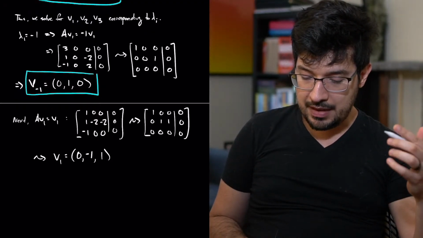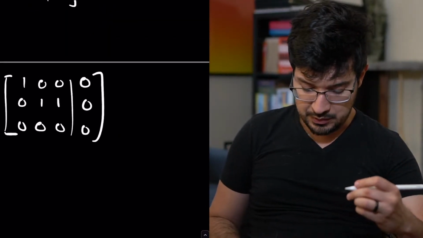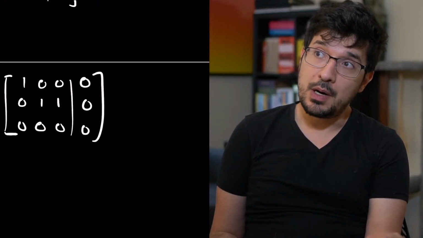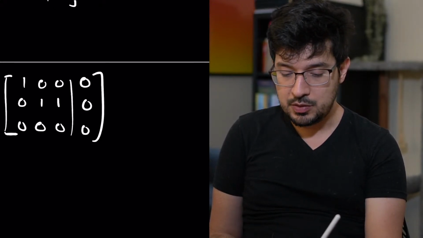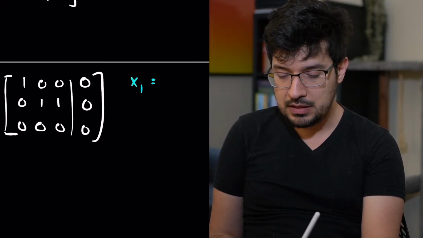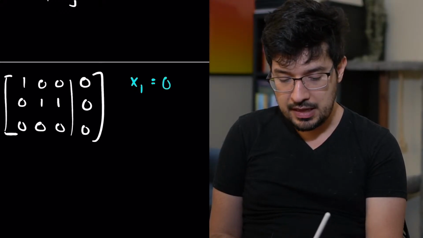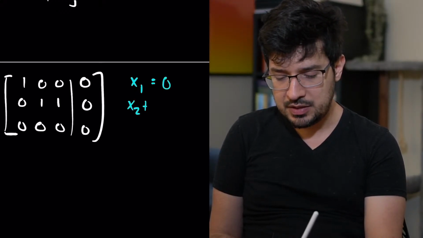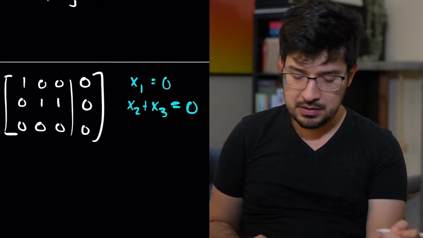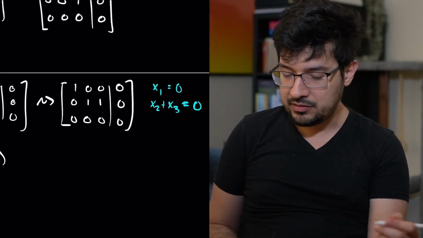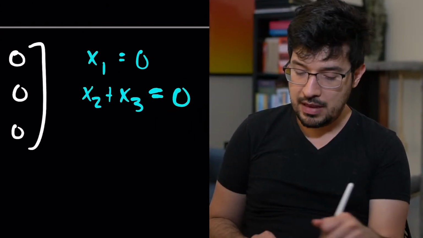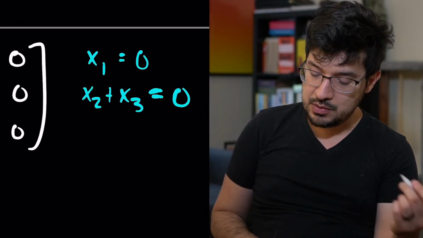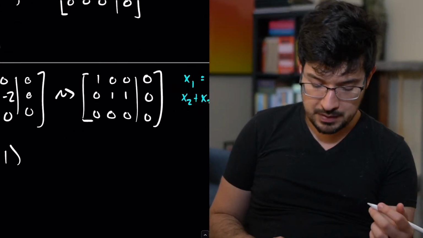So yeah, for anyone who hasn't seen this block of numbers with a bar and a solution on the right-hand side, it corresponds to this system. x1 is equal to 0, x2 plus x3 equals 0. So if I let x3 equal 1, then x2, after you subtract x3, is -x3.